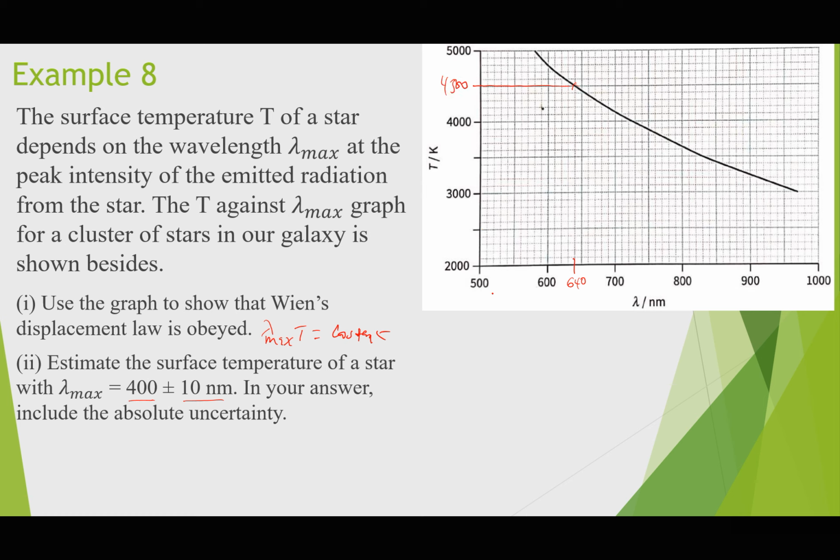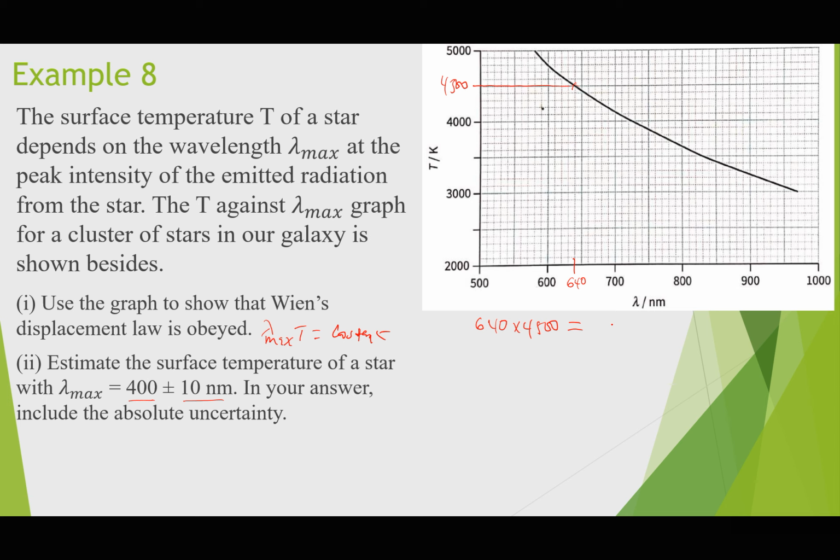So starting with this, I have 640 nanometers times 4,500 equals, let me see. I've not changed the units, I just want to know if it is a constant.